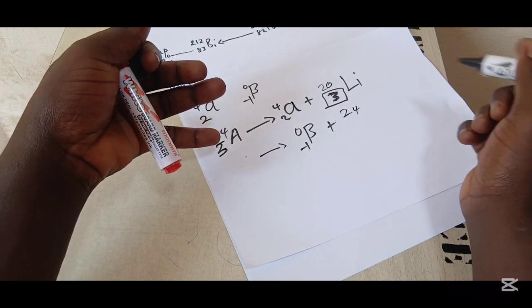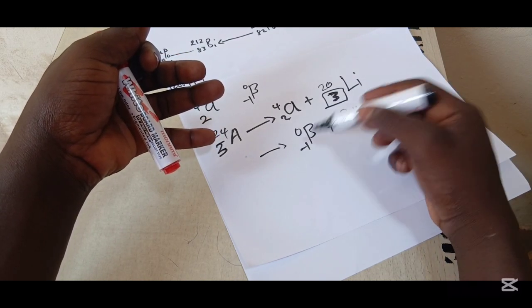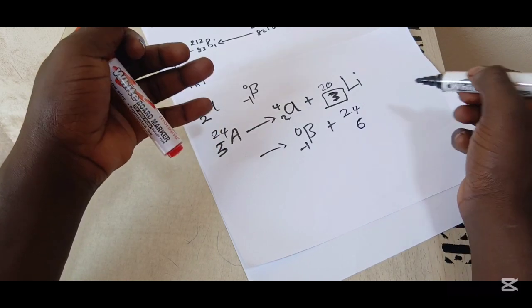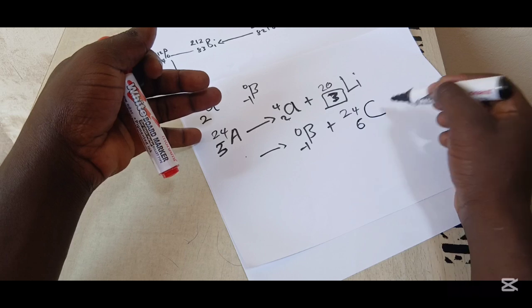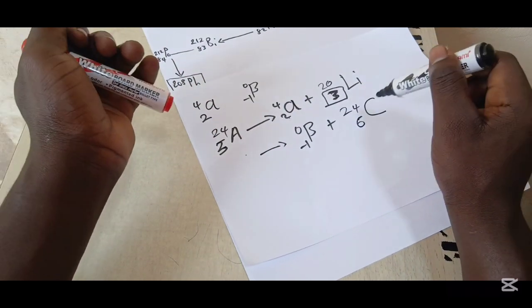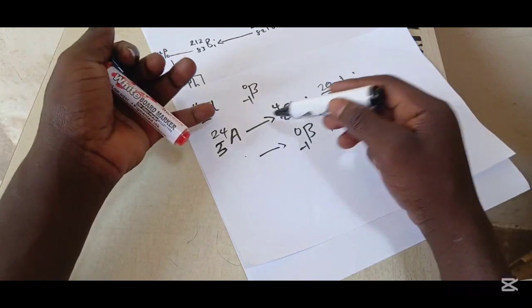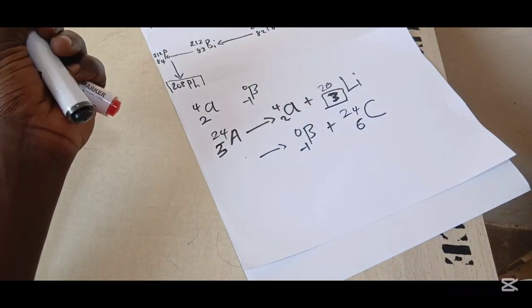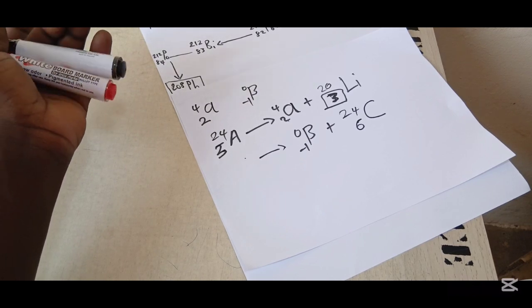And for the atomic number, what can we add to -1 to get 5? It's going to be 6. So what element is atomic number 6? Carbon, right? So this is the effect of beta and alpha particles on a nuclide if the nuclide emits any one of them.